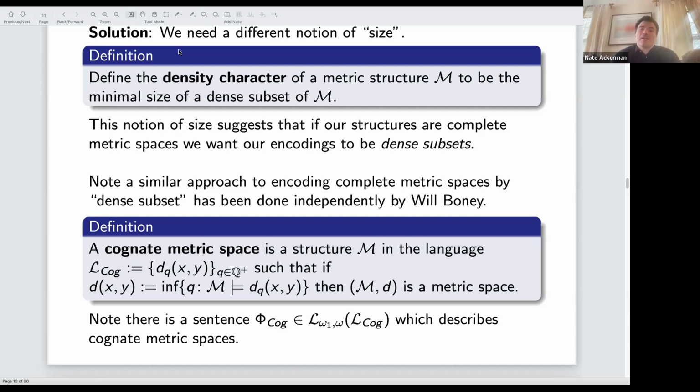And what's more, because the infimum of these q can be expressed as a sentence about the various relations, there's a single sentence of L omega 1 omega which exactly captures the notion of what it means to be a cognate metric space.